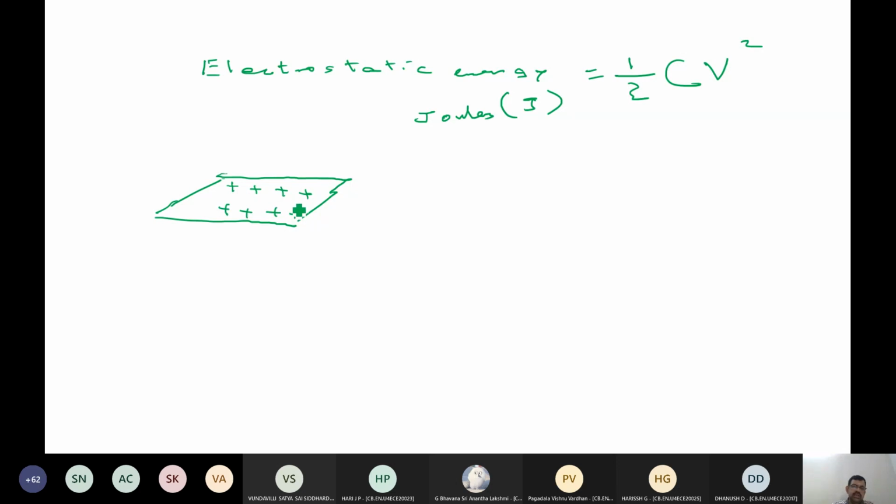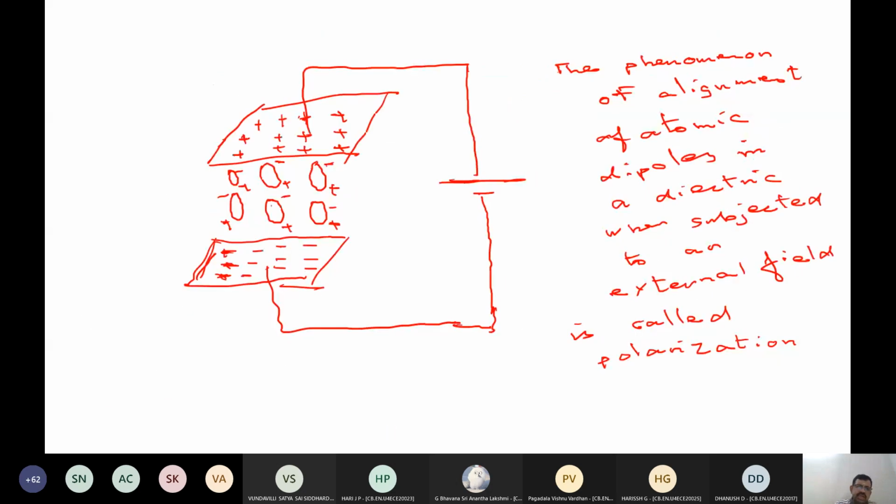If you understand this picture, you will see that the dielectric atoms have acquired a negative charge on this side. So there will be an induced field due to this polarization. The applied field is downward, the induced field is upward, so these two fields are in opposite directions. The top plate has acquired a positive charge, the bottom plate a negative charge.